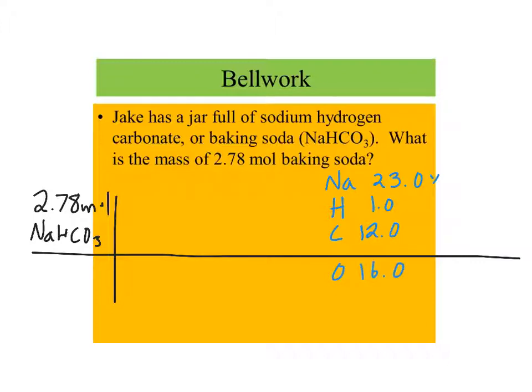There is just one sodium, one hydrogen, one carbon, and there are 3 oxygens. So 23 plus 1 plus 12 plus 48 gives us a value of exactly 84 grams per mole.